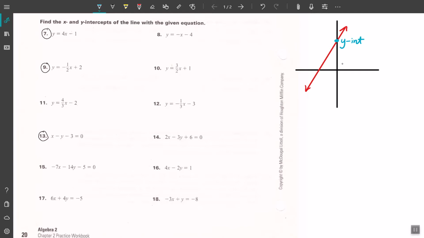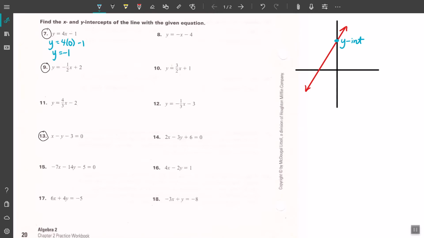There's no horizontal movement left or right at this point right here. We just went straight up. So that means that our x value is going to be 0. So in order to find what our y is over here, I would just plug in x of 0. And when I do that, I'll get a y-intercept of negative 1.